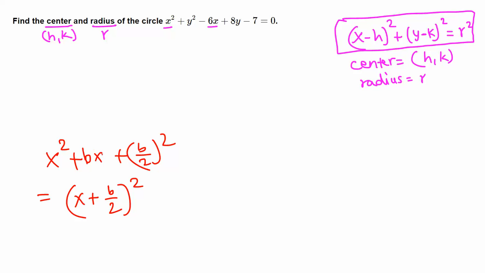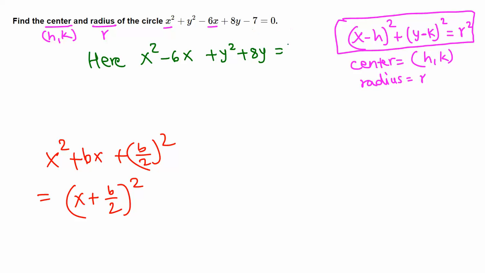If it is y, same thing. So let me write what we need to write: x squared minus 6x plus y squared plus 8y, and move this number over, so add 7 to both sides.